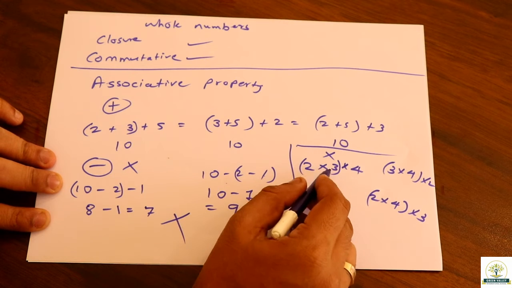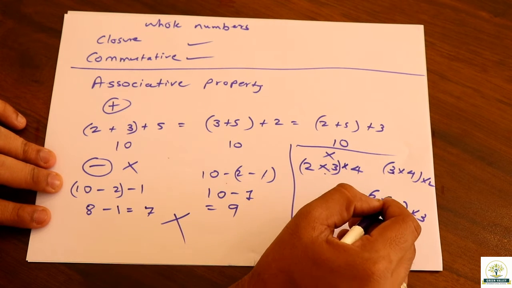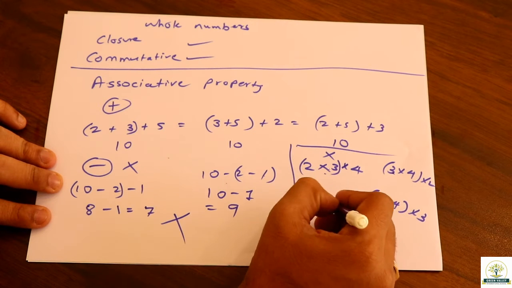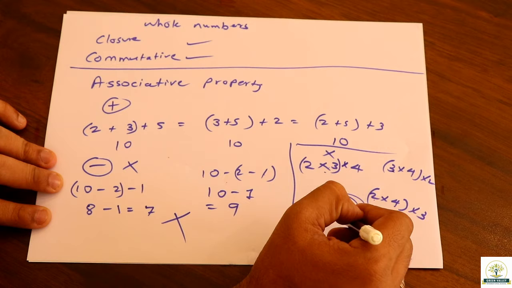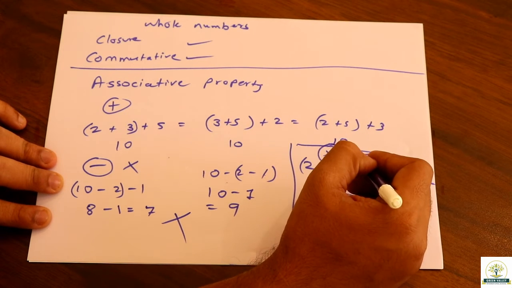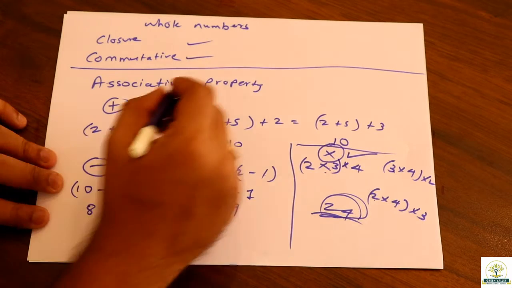Let us check. 2 3s are 6, 4 6s are 24. 3 4s are 12, 2 12s are 24. 2 4s are 8, 3 8s are 24. For all the operations, 24 is the answer. That means the answer is the same. So multiplication does follow associative property for whole numbers.